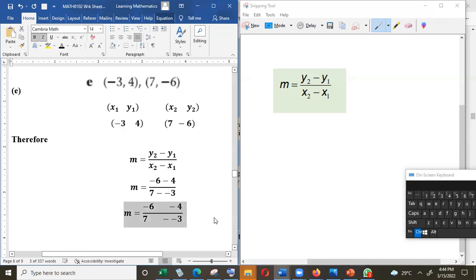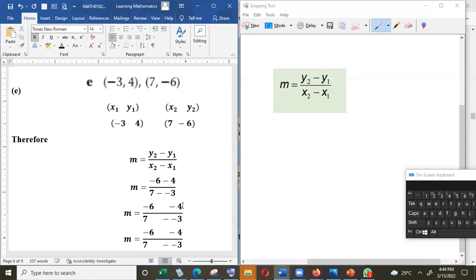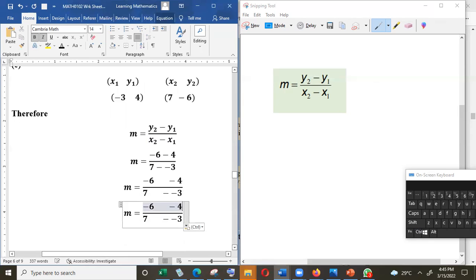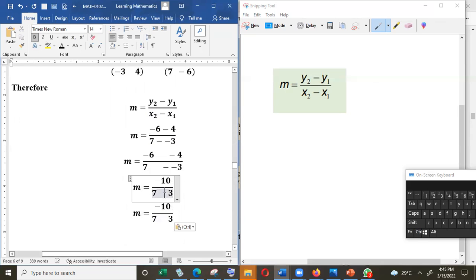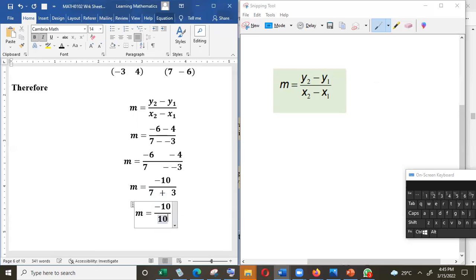A -6 and a -4 gives -10; a negative and a negative is a positive here, so this is 7 plus 3, which is 10.